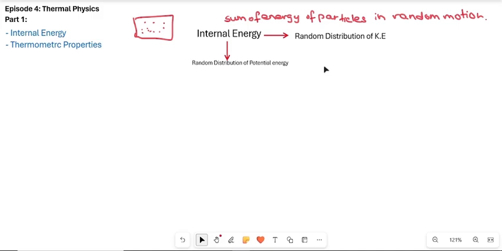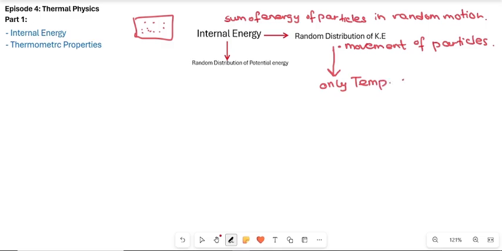Now we know what kinetic energy is. Kinetic energy refers to the movement of particles, right? So the particles are moving because of the kinetic energy. And this energy, this is a very extremely important point, is only affected by temperature.